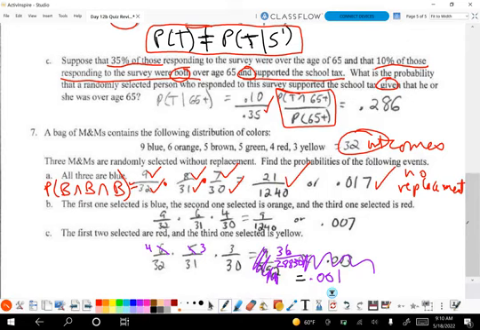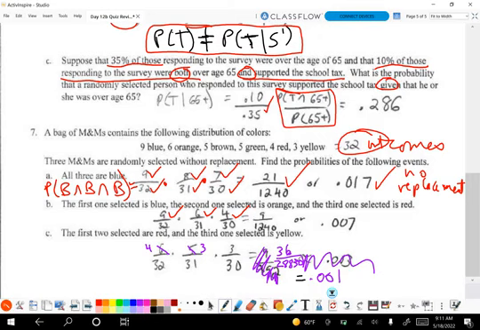7B, the first one selected is blue, the second one selected is orange, and the third one selected is red. So for our M&Ms, we start off with 9 blue, 6 orange, and 4 that are red. That doesn't change, because when you pick the first M&M, it's blue. So there's only 1 blue M&M gone by the time you get to the second pick, but they're not asking about picking another blue M&M.